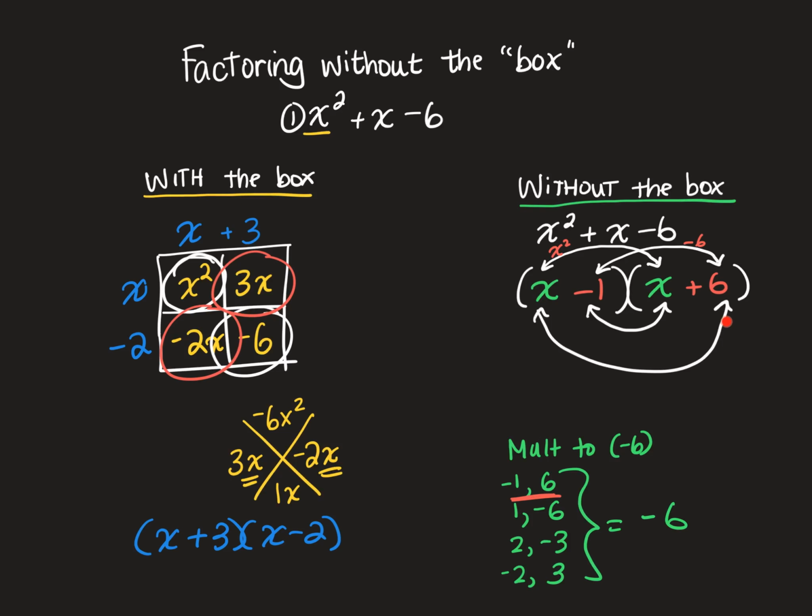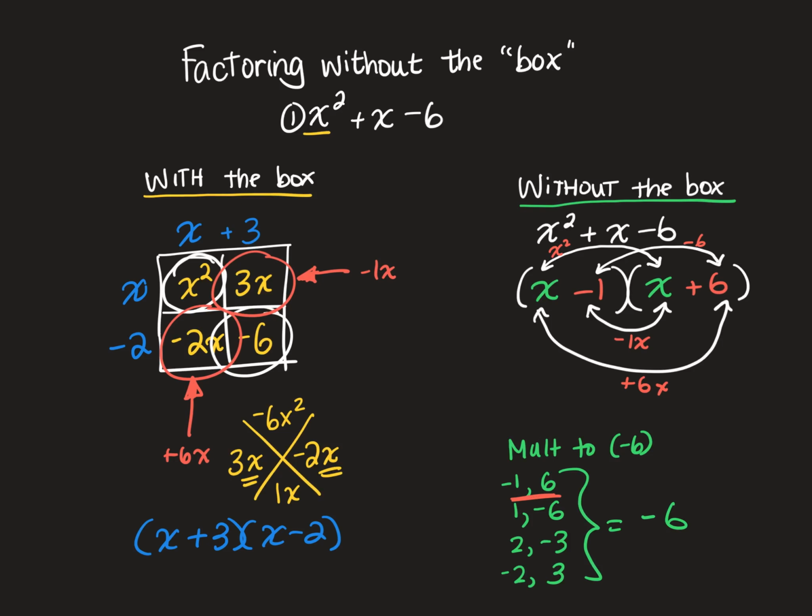If I multiply x times positive 6, I'm going to get positive 6x. And if I multiply negative 1 times x, I'm going to get negative 1x. Now, that's essentially saying that right here and right here, I would have negative 1x and positive 6x.